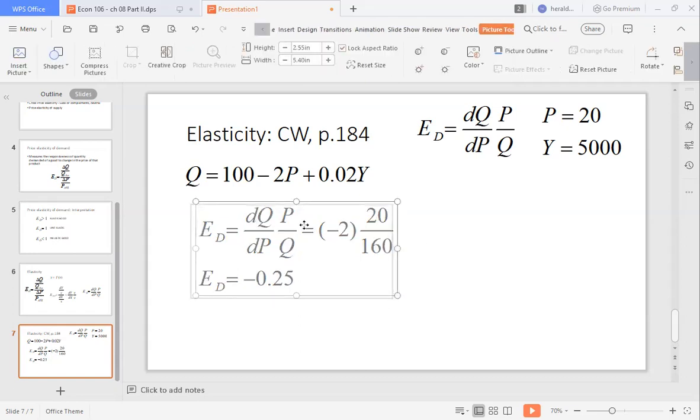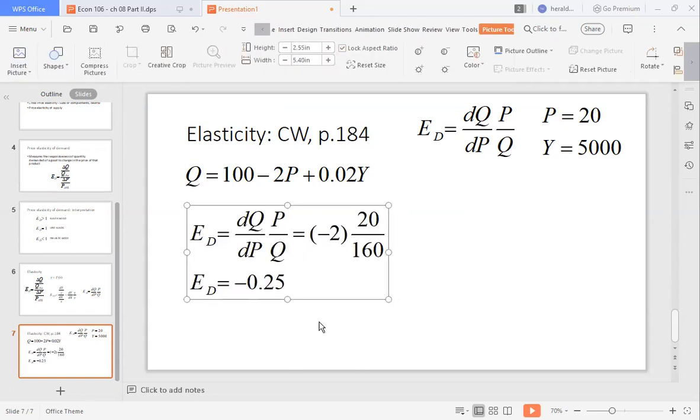So again, class, how do we interpret this one? It is understandable that this only applies to price elasticity of demand, because it will always have a negative value given the inverse relationship of price and quantity here. So the price elasticity of demand here is negative 0.25, and we get the absolute value here.